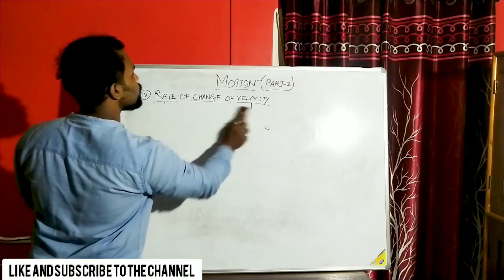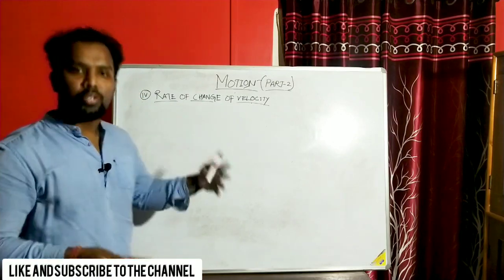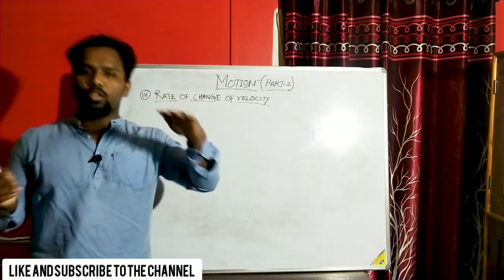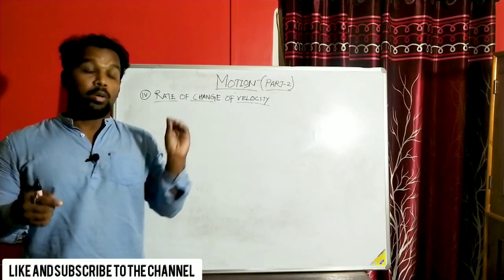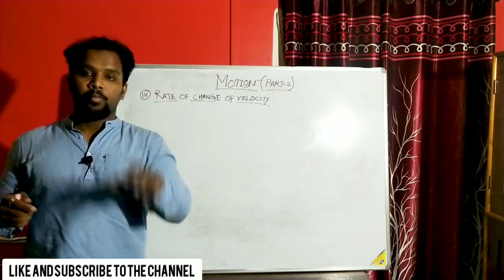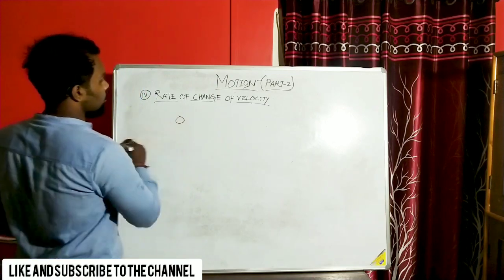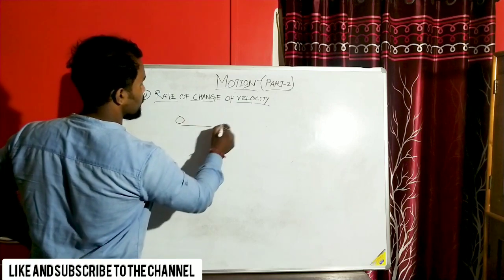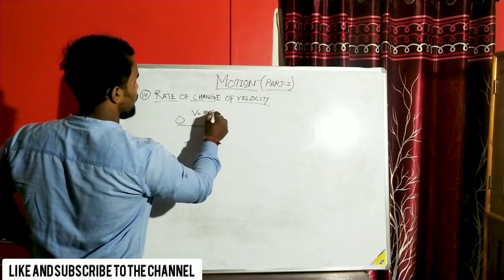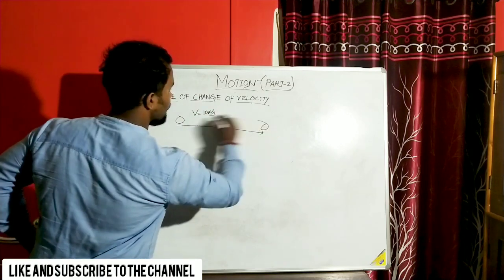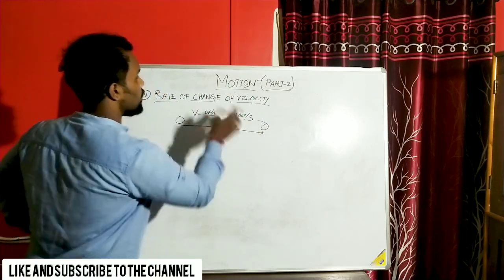Just consider uniform motion. Uniform motion means there is the same speed, and there can be the same velocity too. If a car is in uniform motion, that car will have a constant speed throughout the whole journey. So if the velocity is constant, then what will be the change of velocity? Obviously zero. If an object changes its position from this position to this position with a velocity of 10 meters per second, and again from this position to this position with 10 meters per second, it is in uniform motion.